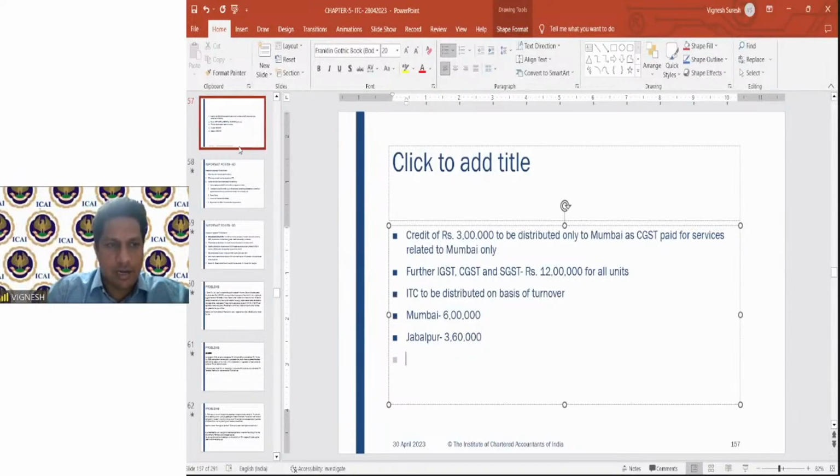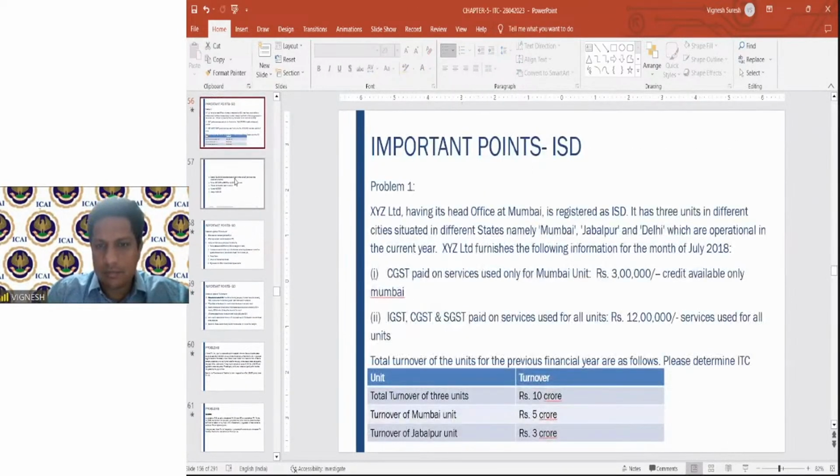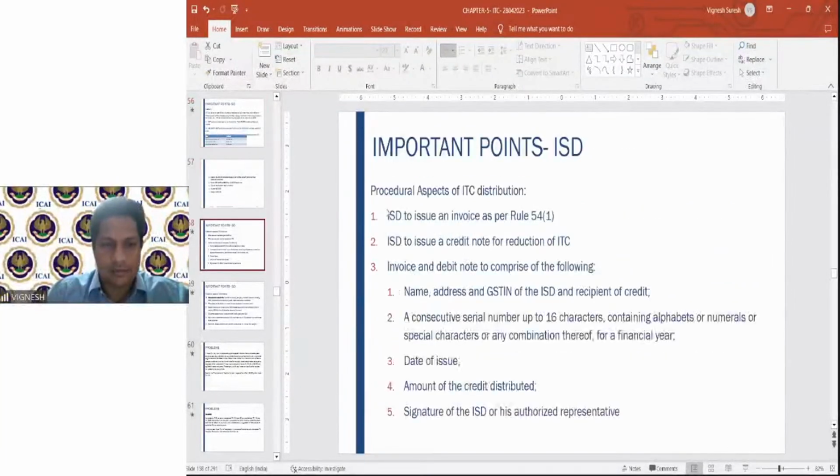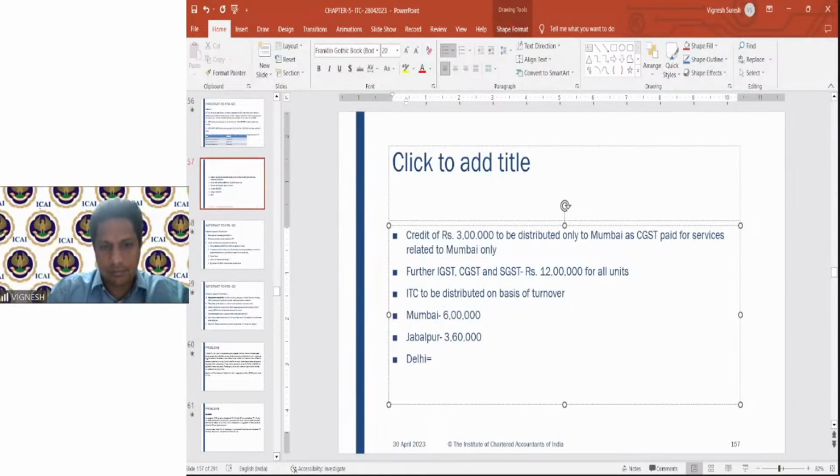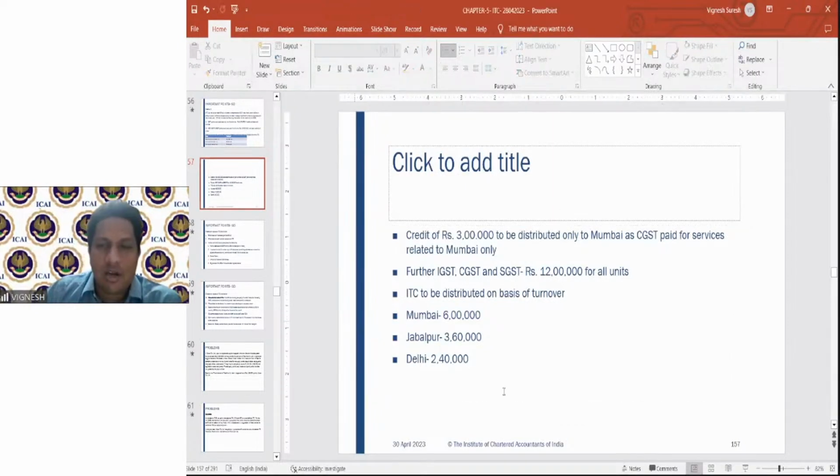And the next one, Delhi, 2 by 10 into 12, which is 2,40,000. So if you see the total, Delhi 2,40,000, Jabalpur 3,60,000, Mumbai 6 lakhs here and 3 lakhs on top. So therefore 9 lakhs is Mumbai.